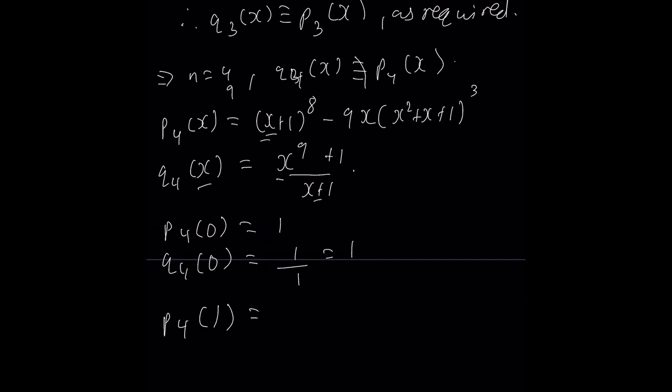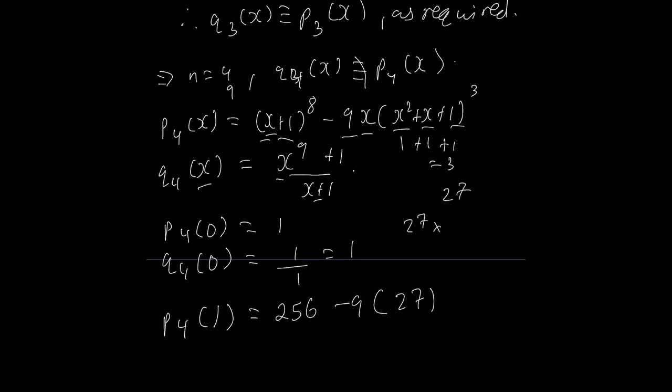So we have 1 plus 1, which is 2 to the power of 8, which is 256, minus 9 times 1, so just minus 9, times by this whole bracket to the power of 3. So that's 1 plus 1 plus 1, which is 3, and that's all cubed. 3 cubed is 27, and then we need 27 times 9.